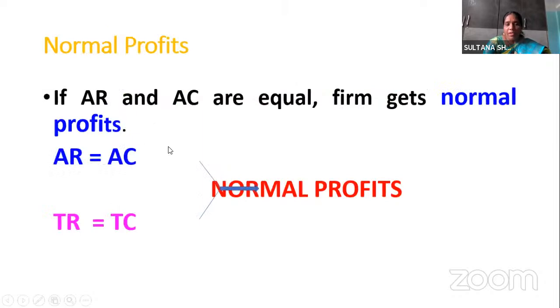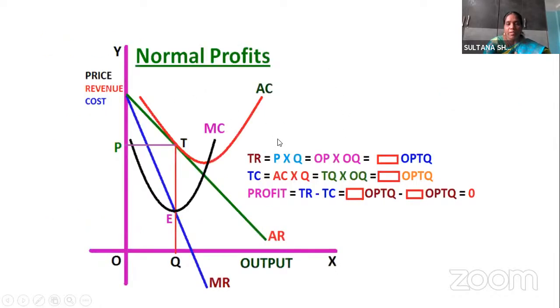Next, normal profits. When average revenue and average cost are equal, the firm gets normal profits. That is, average revenue is equal to average cost. We can say normal profits means total revenue is equal to total cost. Here you can again observe the AR curve, MR curve, AC curve and MC curve.